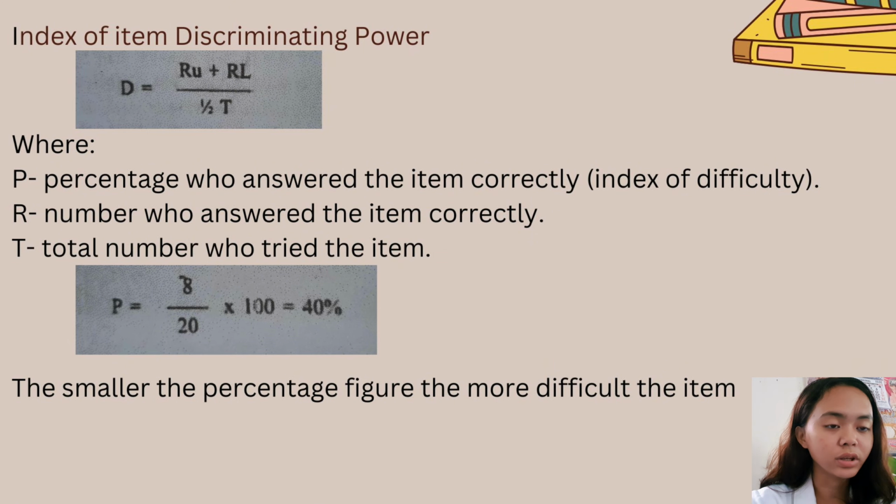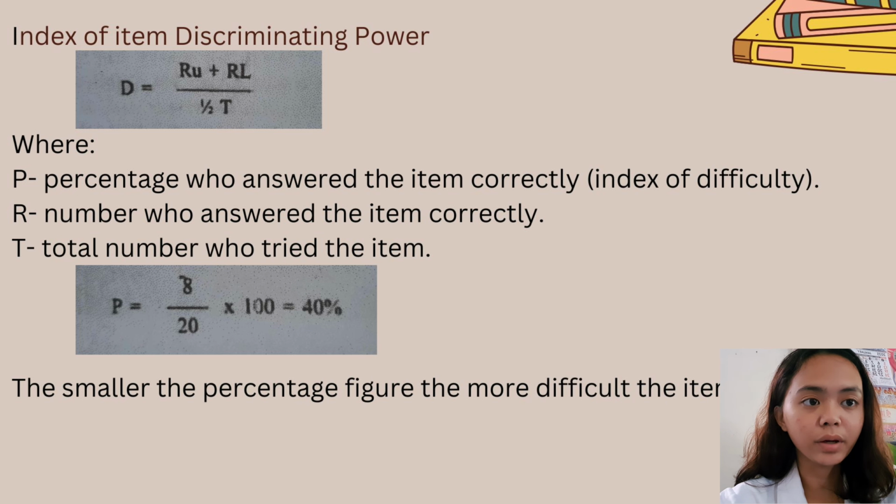So 6 plus 2 is equals to 10, and 10 divided by 20 is equals to 0.40, and 0.40 times 100 is equals to 40%.